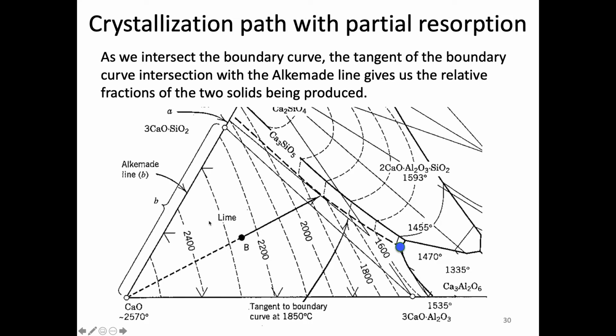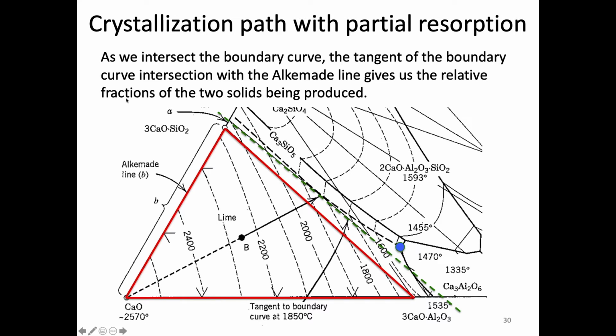So what that actually tells us is that during this portion of the curve, we actually have to consume one of the solids to get back to this within this alite line. So we want our tangent to be intersecting within the alite line for both of those to be produced.